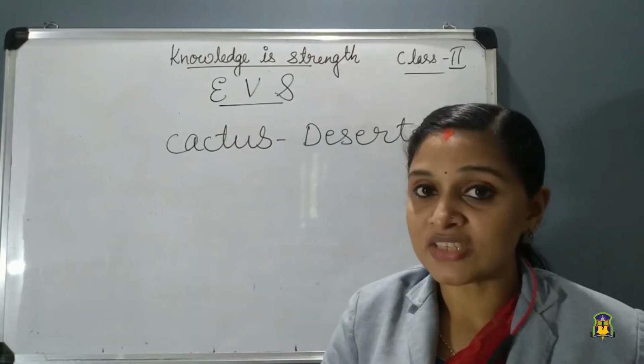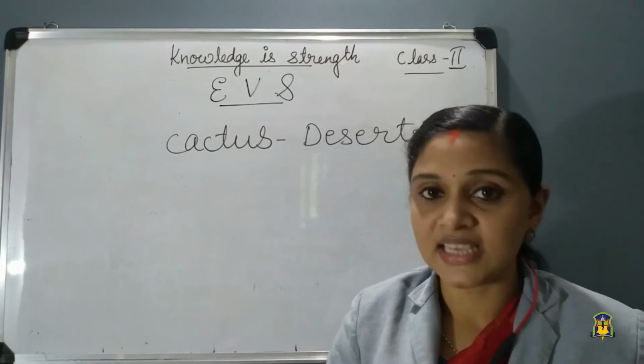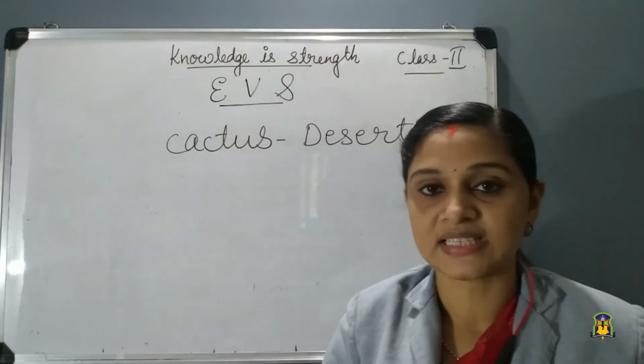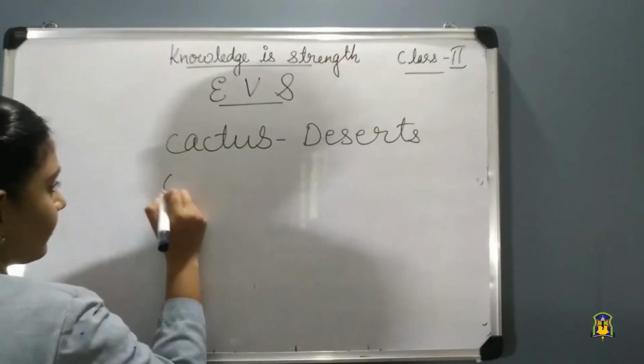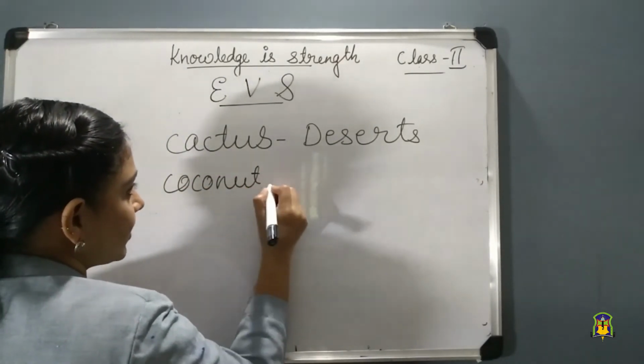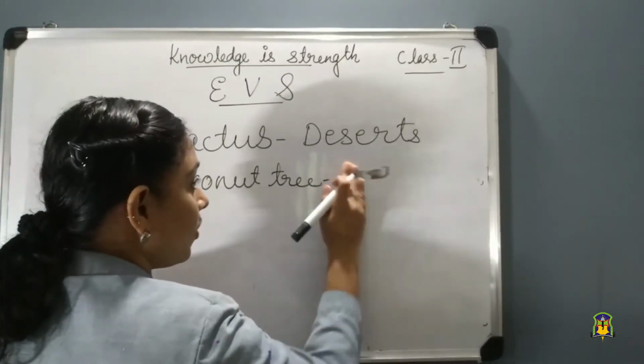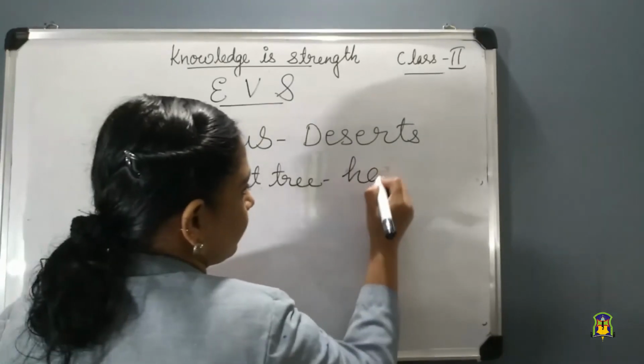So, coconut trees, where can we see? Near the sea. Okay, near the sea. It is called coastal areas. Coconut tree, where we can see: hot and wet places.